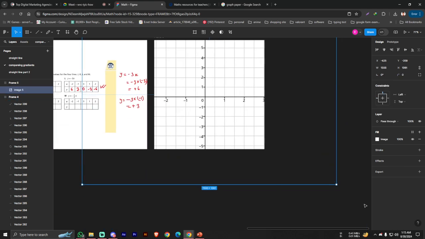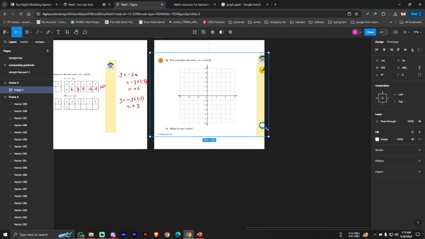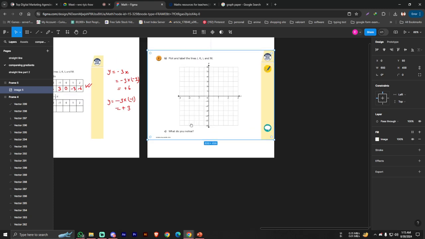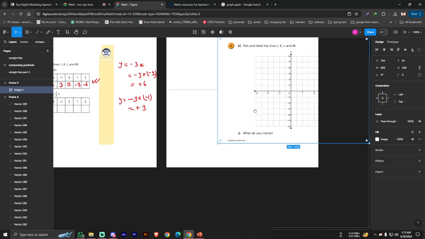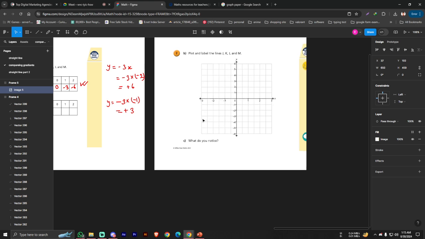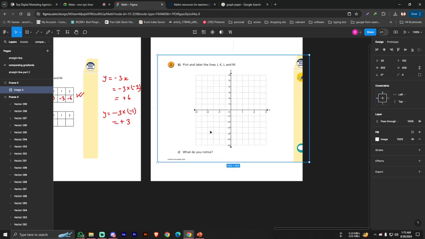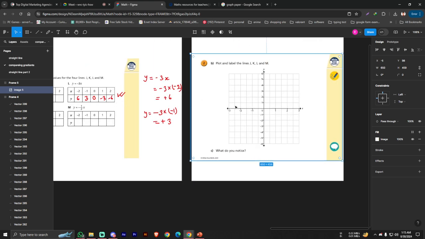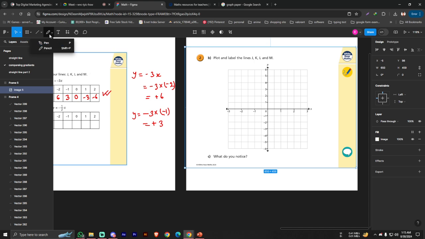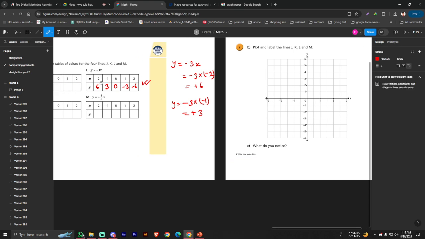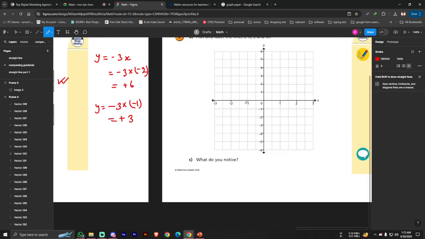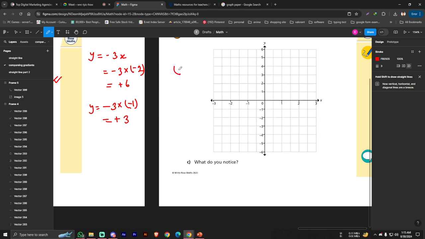Okay, so we're just going to plot it. If you plot the points, firstly you can write down the points on the side for help, or you can just use the table as you wish. So -2, 6. Let's take -2 and 6. -2 comma 6.